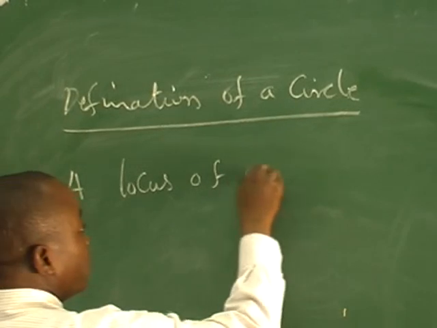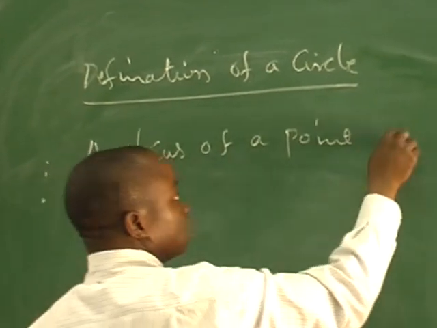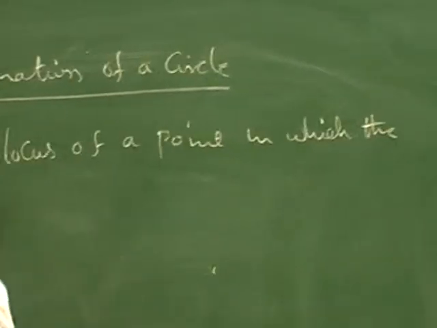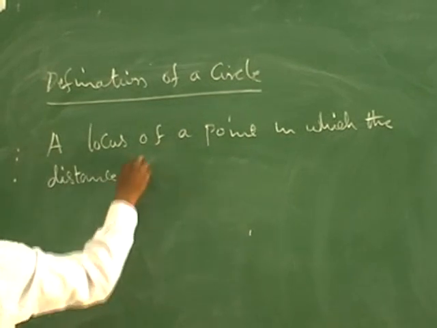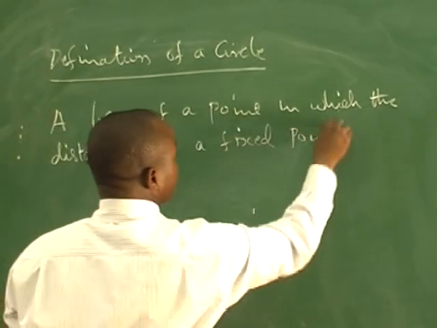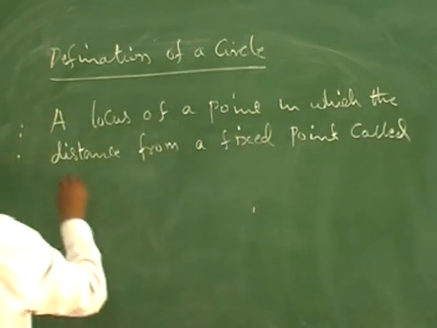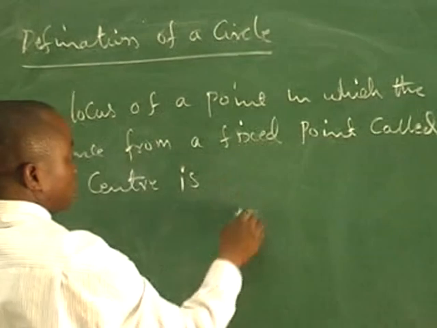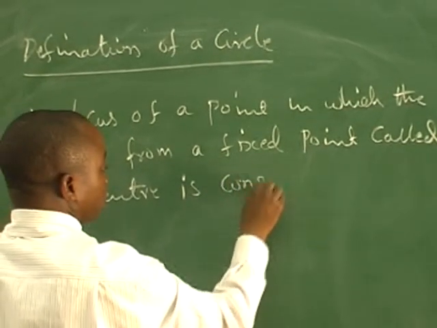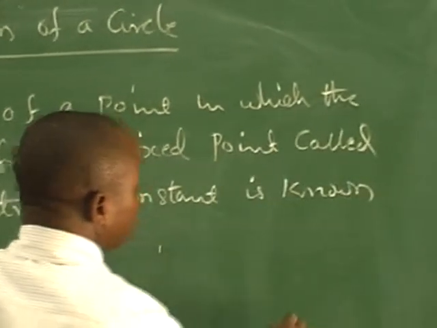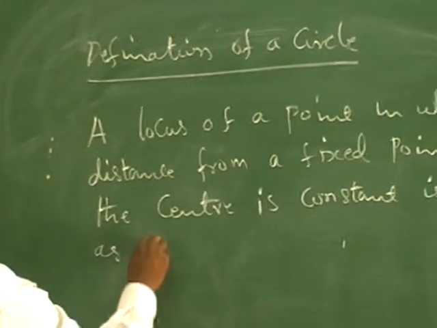A locus of a point in which the distance from a fixed point called the center is constant is known as a circle.